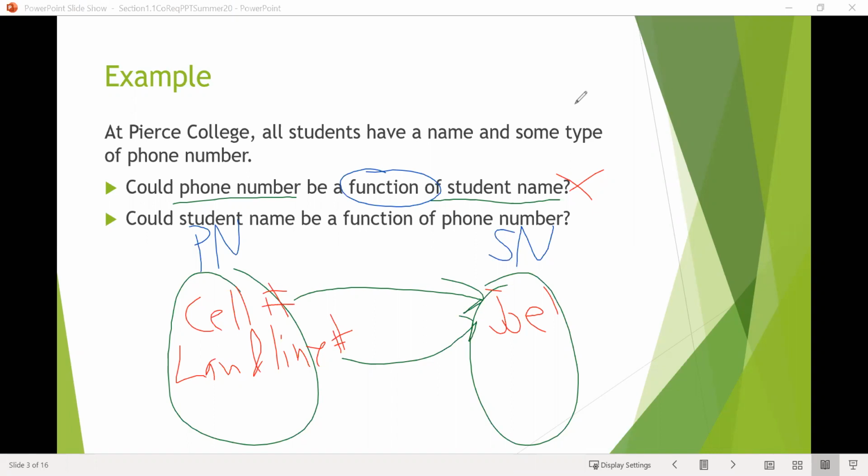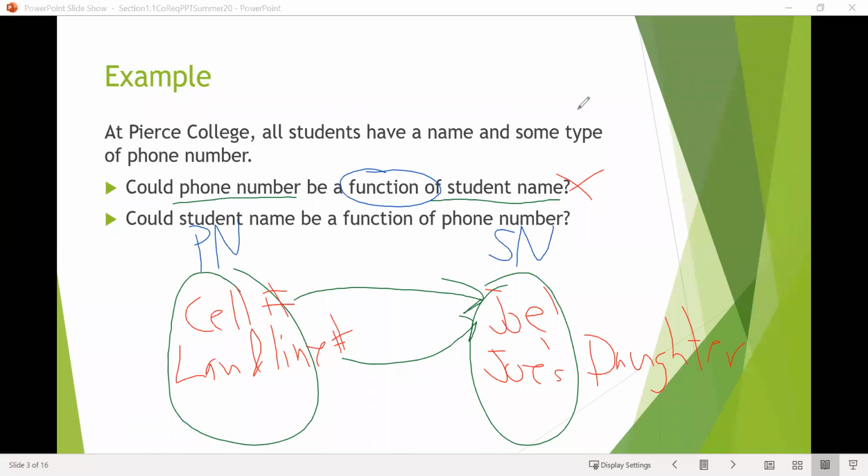However, at Pierce, we have a lot of families where multiple people from the same family attend classes at our college. So let's say that Joe's daughter is also a student at Pierce.